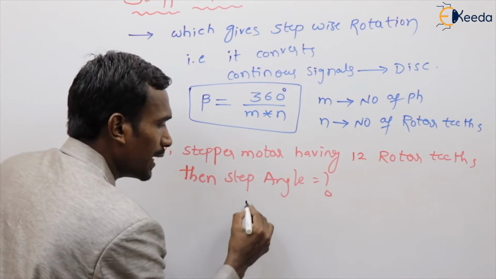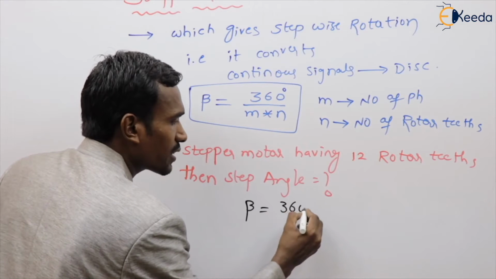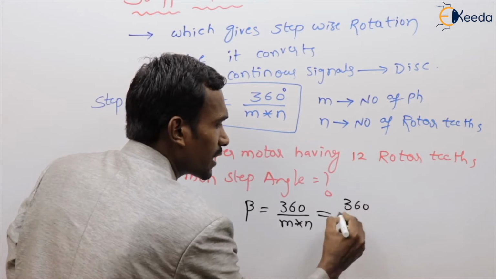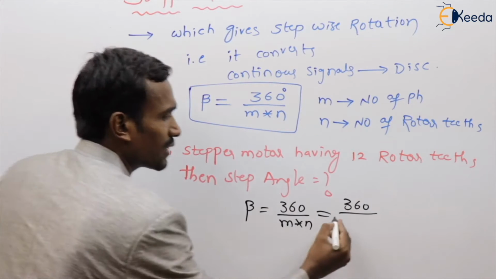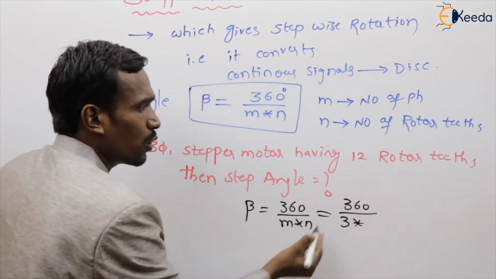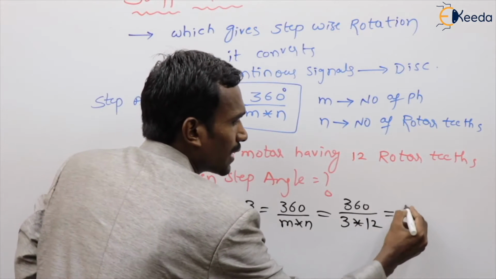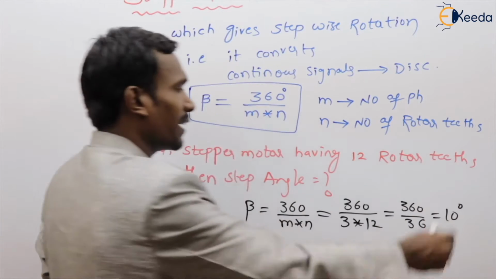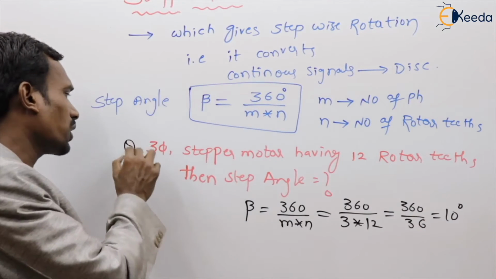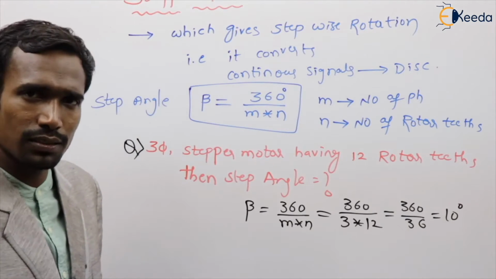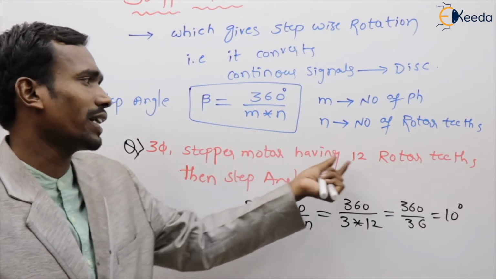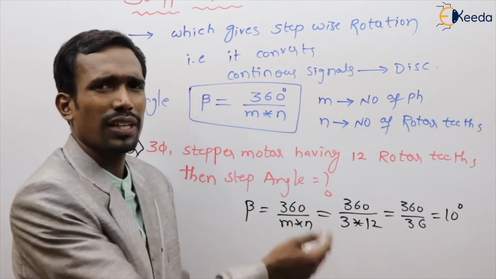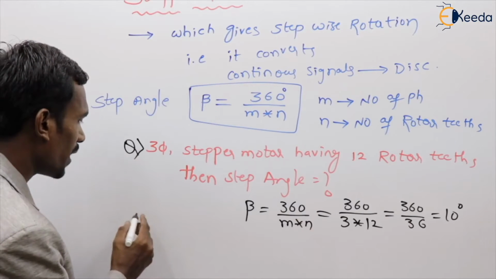The step angle beta is equal to 360 degrees divided by m into n. The number of phases is 3 and rotor teeth are 12, so it is 360 by 36, nothing but 10 degrees. This is the question they ask in competitive exams. It's a very simple question.